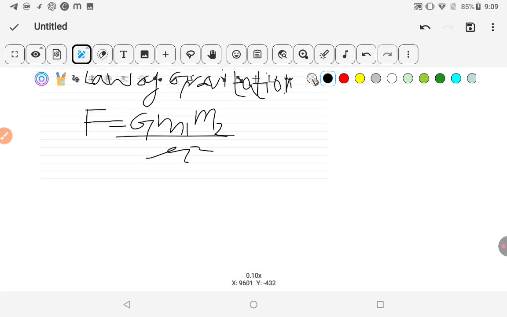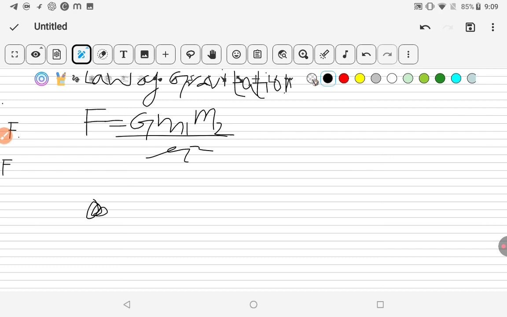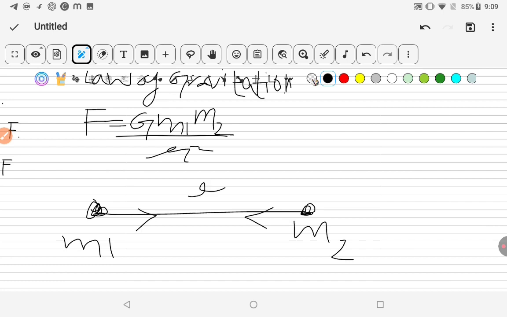That means if there are two masses, one is m1 and another is m2, this is the line of joining, let me name it r. Here both masses apply forces on each other, because we have already learned that one mass attracts another mass towards it.